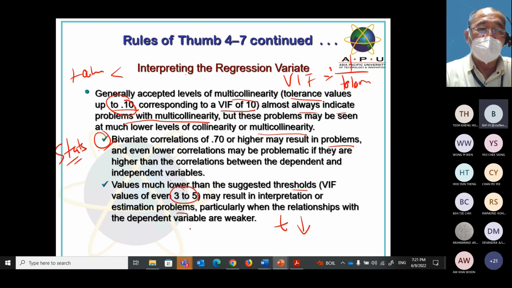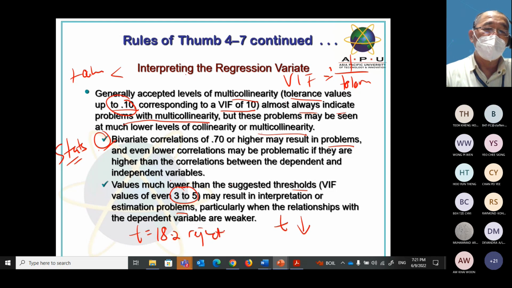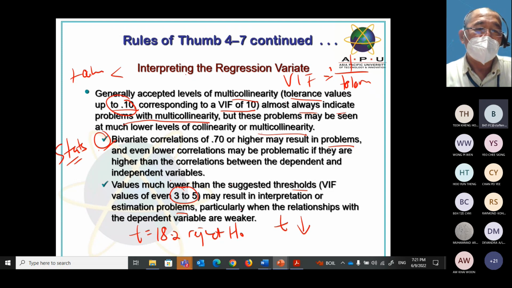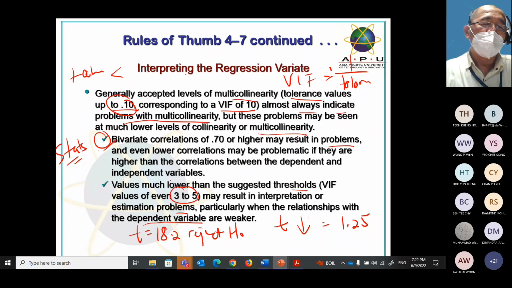Remember, if T is quite high, for example T equals 18, we should reject the null hypothesis. When we reject the null hypothesis, it means there is a strong relationship with the dependent variable. But let's say T is small, for example only 1.2 or 1.25. With a small t, normally we cannot reject the null hypothesis.